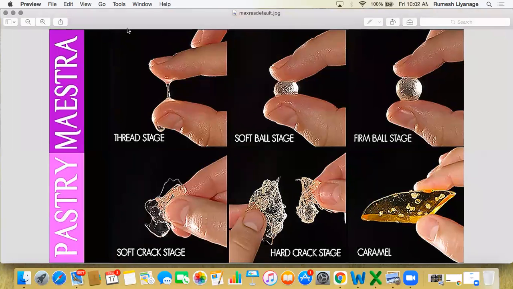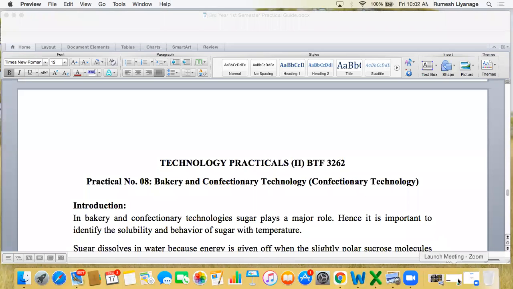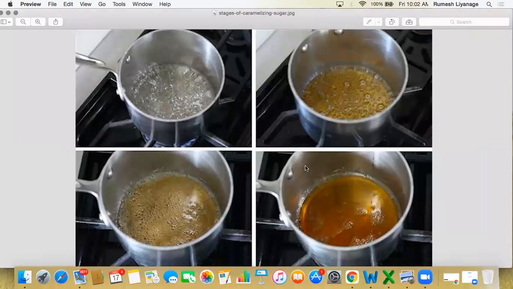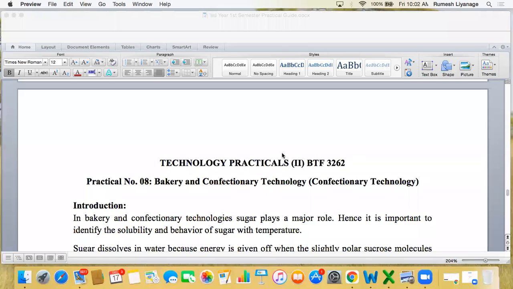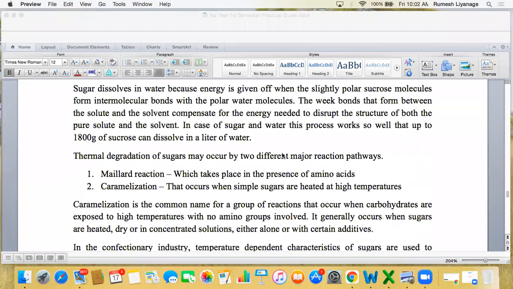You have this experience, right? And you will get this type of different colors. So please take photographs, and please maintain the temperature and time strictly. Then you can get different results, right?